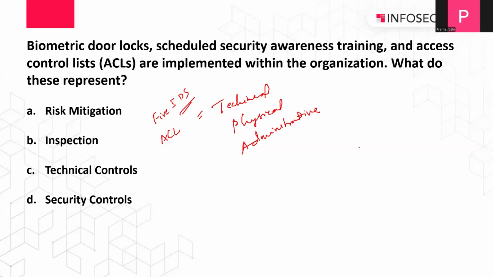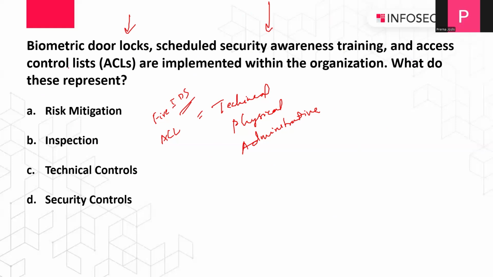In this question we are talking about biometric door locks, scheduled security awareness training, and access control lists, all together. Biometric is a physical control, security awareness training is administrative control, and access control list is technical control.